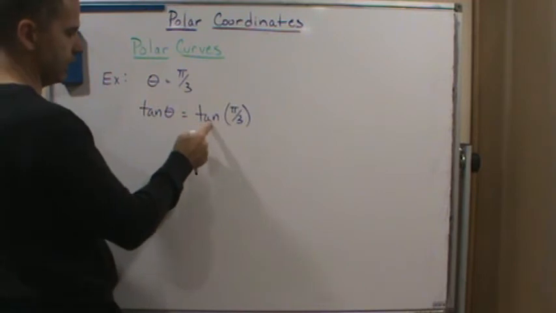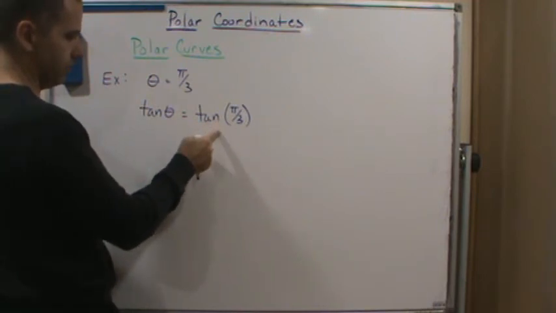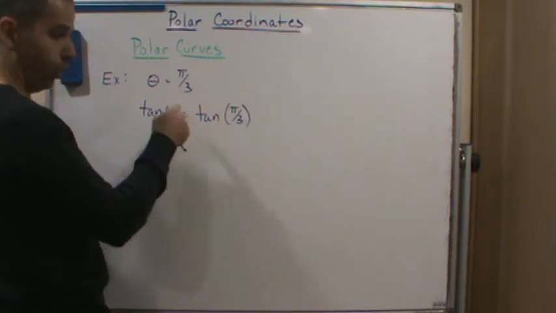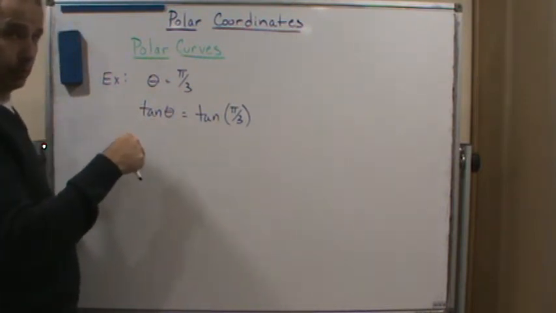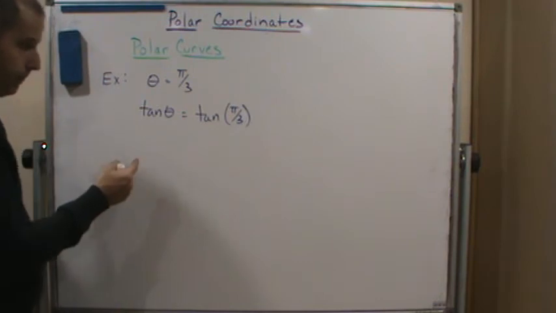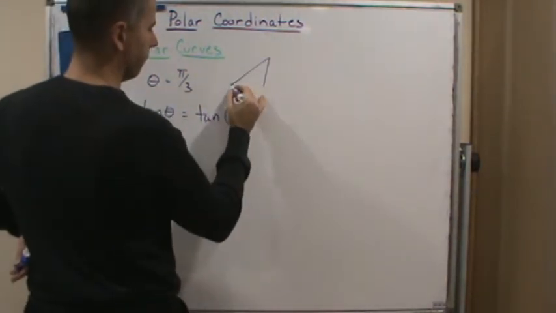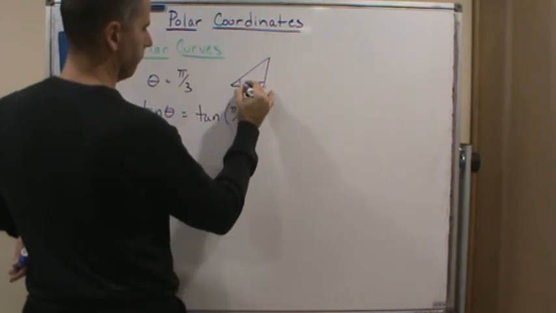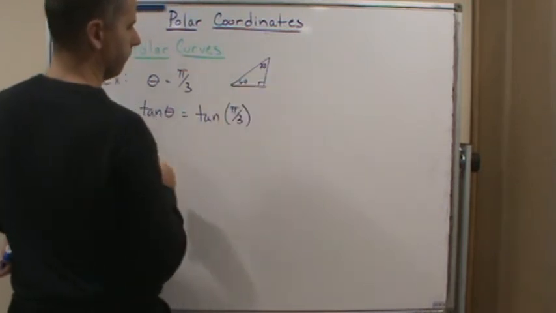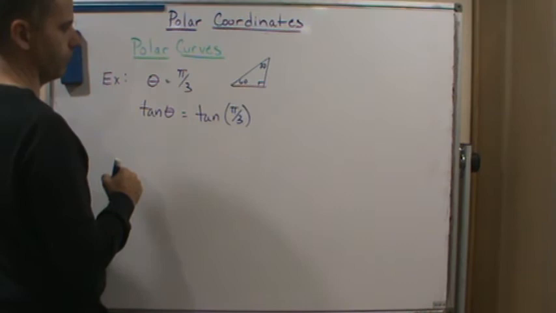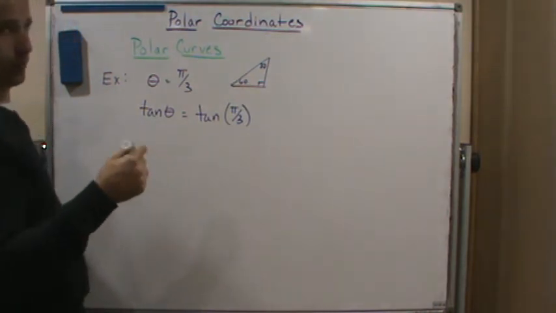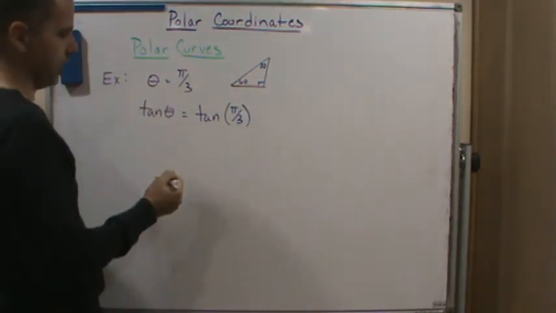Tangent of 60 degrees is, not adjacent over hypotenuse, opposite over adjacent.